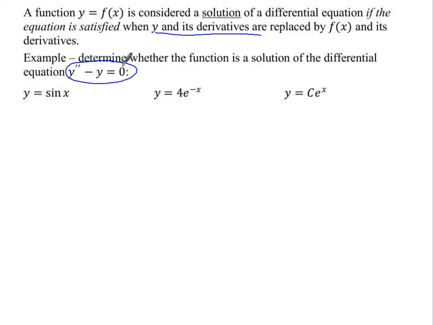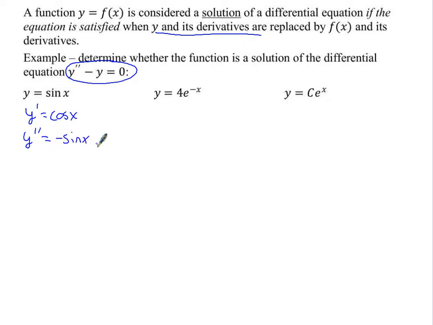If we don't, then it's not. So we already have y. We need y double prime. So to get to y double prime, I need to do what? Take the derivative. Y prime equals cosine x. And then y double prime equals negative sine x.